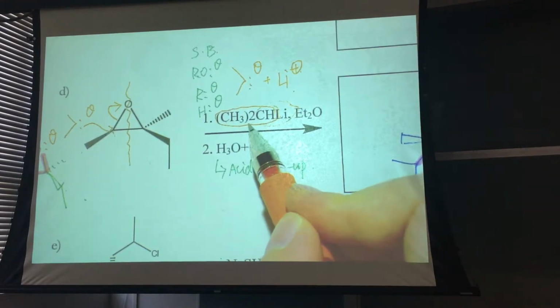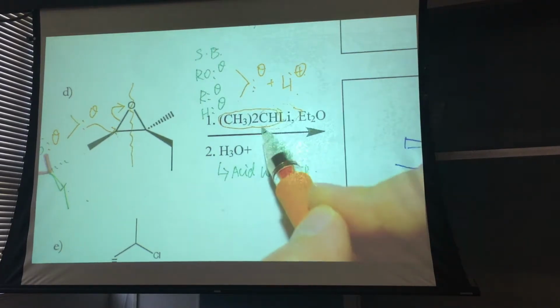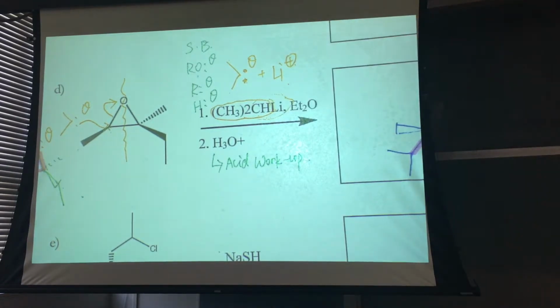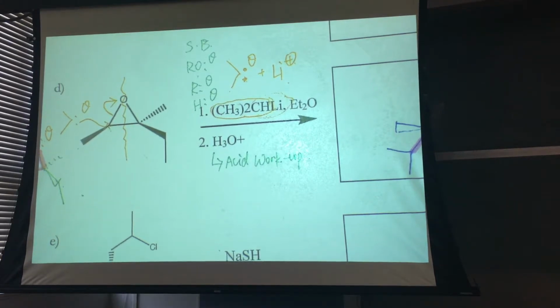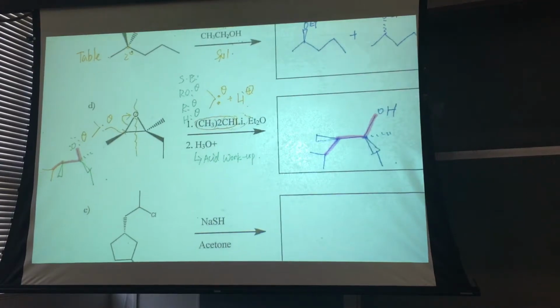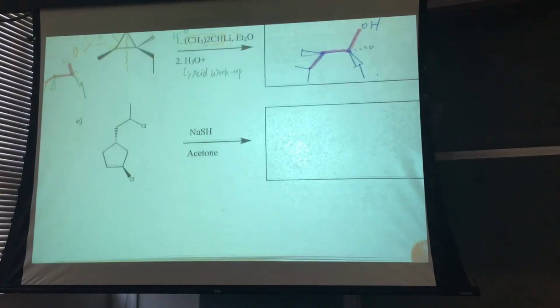It's (CH3)2CH. So this is the two methyl groups, and then CH. And then it has a pair of lone pair on that. Make sense? Okay. Any more questions on this epoxide question? This is the first epoxide question we met. Good? Okay, let's move on.